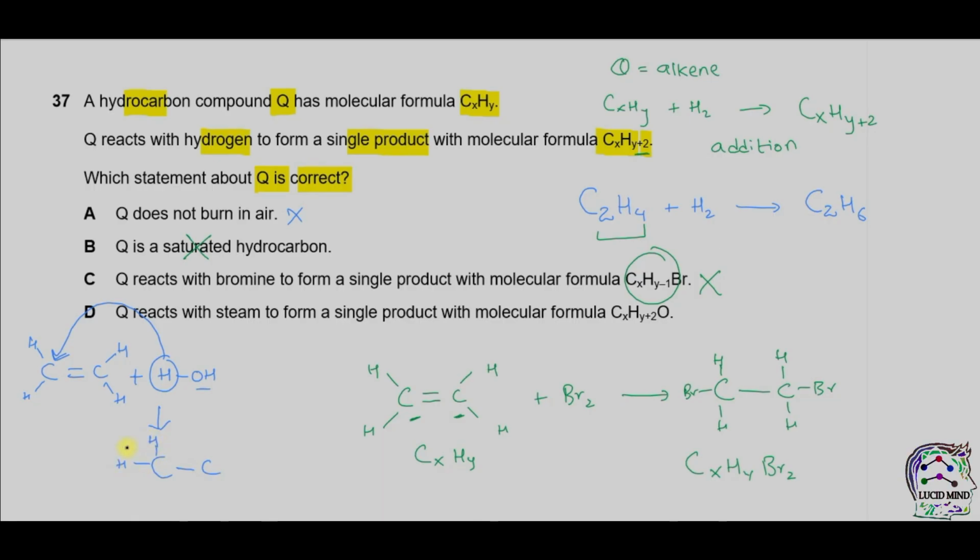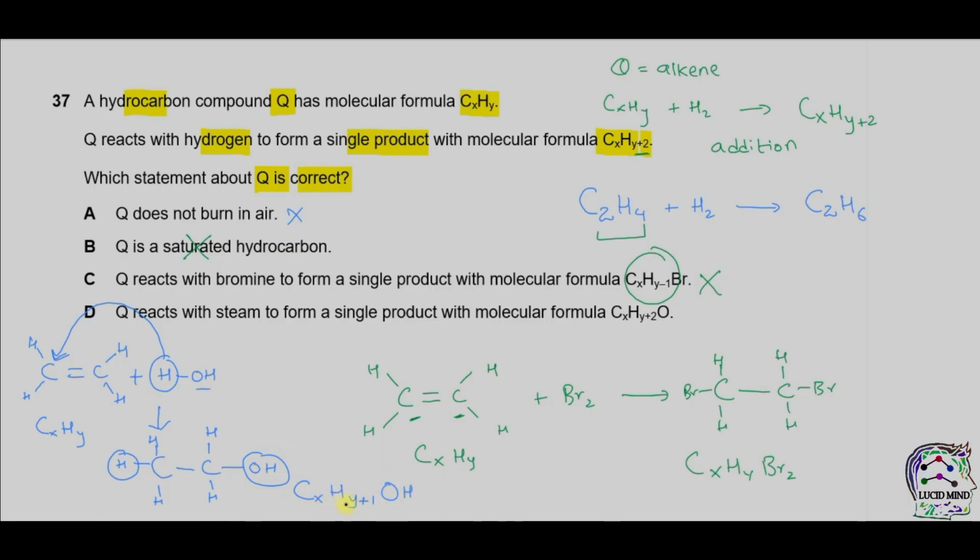Now we have 3 hydrogen atoms with the first carbon. There are 2 hydrogen atoms on the second carbon and we also have OH bonded. Now if this was CXHY, then this must be CXHY+1OH, as one hydrogen is added and also OH is added.